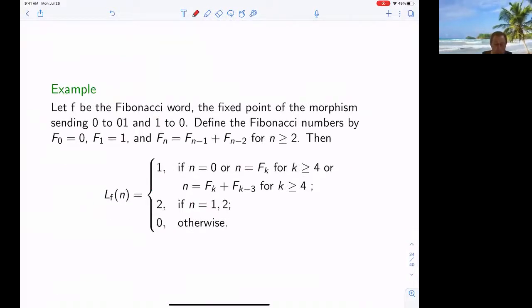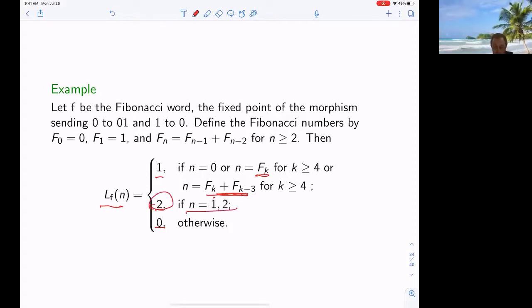And here's another example of that philosophy. If we take the Fibonacci word, this is not an automatic word. It's just a morphic word. It's sending 0 to 01 and 1 to 0. Then what you can compute is that it takes 3 values. It's only 1 on this very sparse set of Fibonacci numbers and sums of 2 Fibonacci numbers.